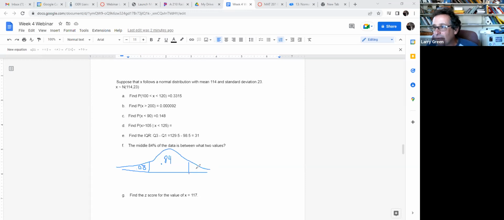And so the other side is also 0.08. This is symmetric. Normal curves are always symmetric. All right, so now if I want this value, x, then I can say that 8% or 0.08 is the probability of being less than that value x.